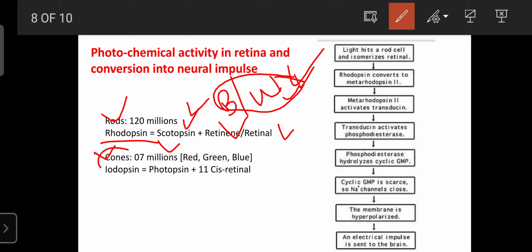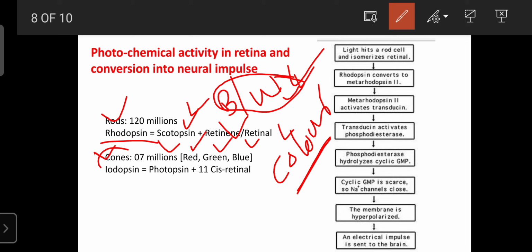Some cones are red cones, helpful for recognition of red; some are green cones, helpful for recognition of green; and some are blue cones, helpful for recognizing blue. Combinations of these cones are helpful for the recognition of other colors. It means the cones play an important role in the regulation of color vision.